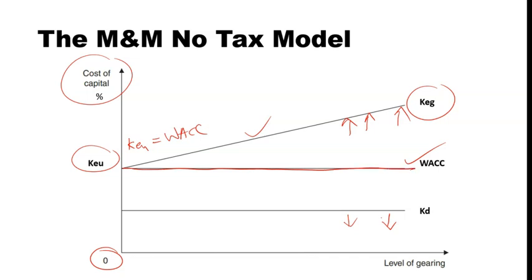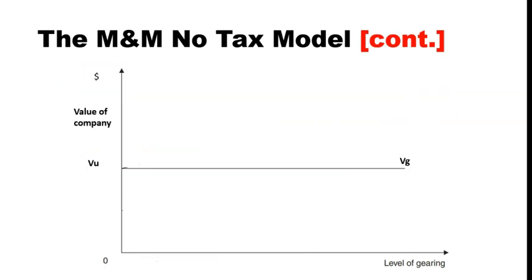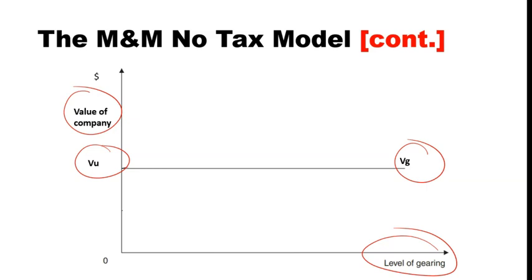So this means that the market value as well is going to be just the same whether the firm is ungeared or is geared. The market value is just the same despite the level of gearing. The value of the company is just the same. Are we together, ladies and gentlemen?